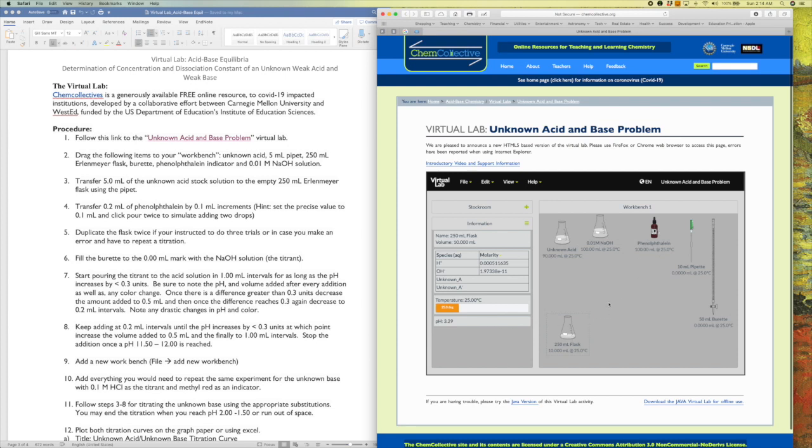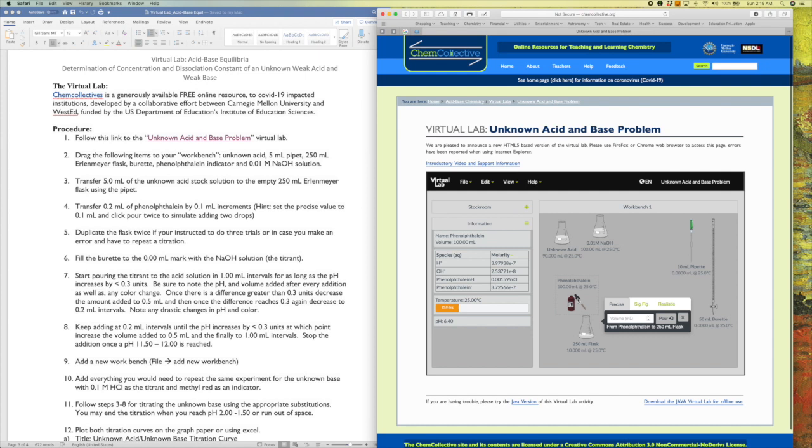Right now, what I want to do is add some indicator, because again, I want some way of visualizing the point at which I'm at my end point. So I hover it over again, and again, it's asking me for a volume. Now, you see that this is a dropper.